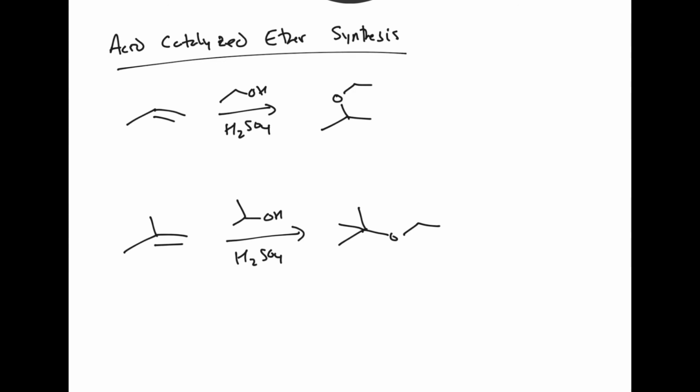Here, it's pretty easy to get tertiary carbons on your oxygen, because they make the most stable carbocations. So they're easy to make if you have it set up that it'll be a tertiary carbocation from your double bond. The limitation here is you have to worry about rearrangements. You always have to have that in the back of your head. That if you had this, you would end up making that.